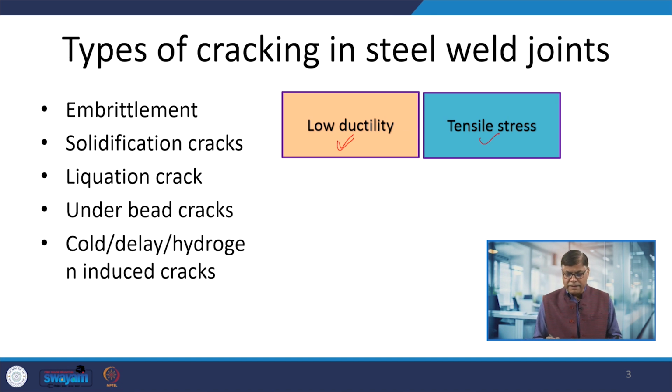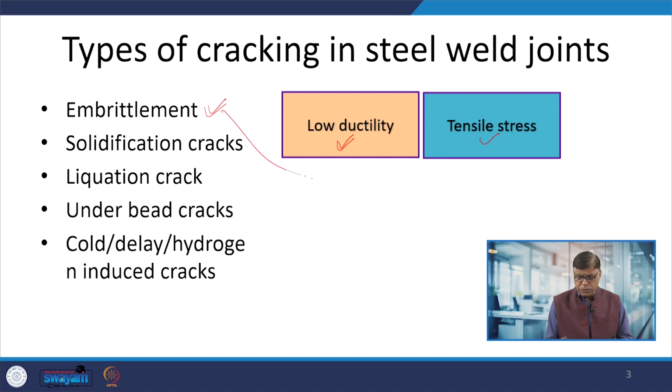And this cracking is promoted in the weld joints by multiple phenomena which happen in the welded joints. One is embrittlement, which means certain metallurgical transformations during the welding occur in the steel, either in the weld metal or in the heat affected zone, in such a way that hardness is enhanced significantly and toughness is compromised, leading to reduced ductility.